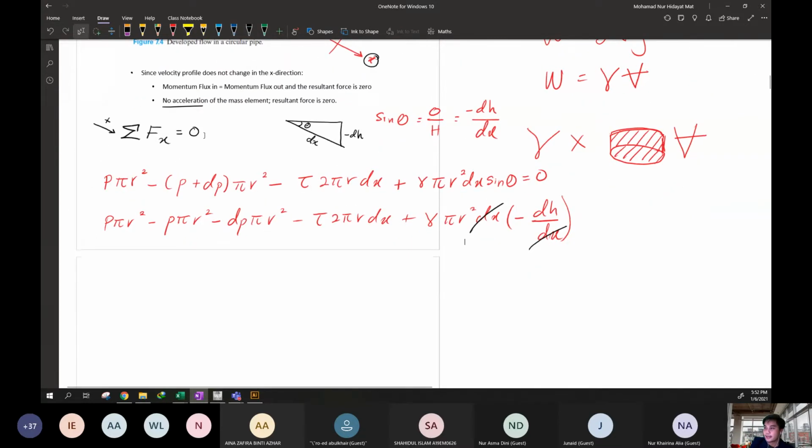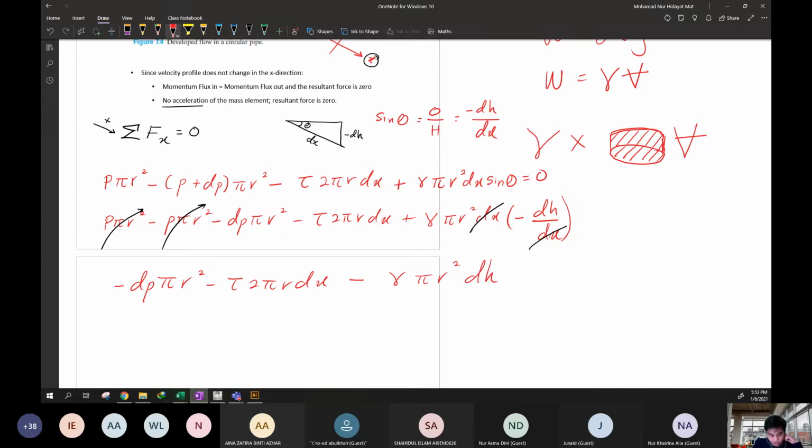So we have negative dp pi r squared minus tau 2 pi r dx plus gamma pi r squared, negative dH.